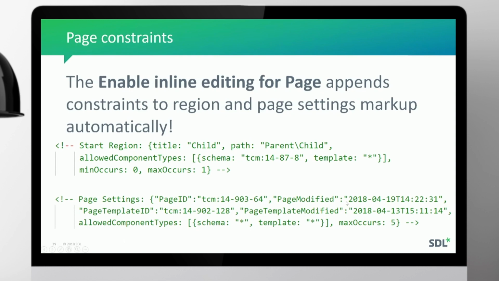So page ID, page modified, and other properties are existing properties that XPM required, and the allowed component types and max occurs are new for this page settings markup, and the Site9 XPM will recognize these properties and will react accordingly.